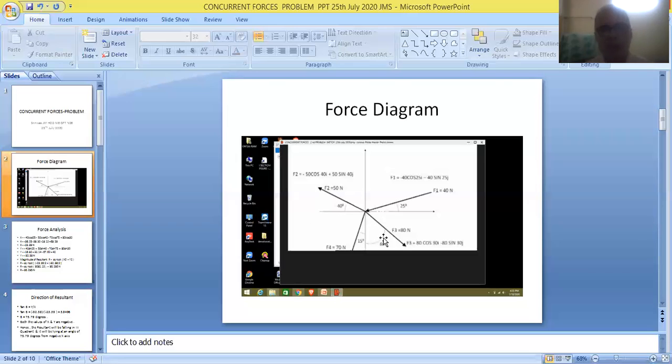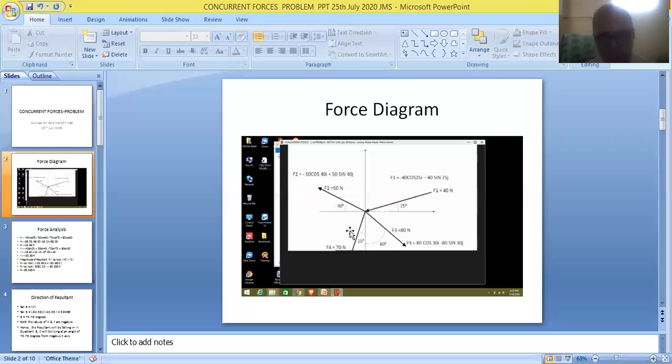Similarly, coming to this force, horizontal component will be equivalent to 80 cos 30. Vertical component will be equivalent to 80 sin 30. Friends, lastly, as far as this force F4 is concerned, horizontal component will be equivalent to 70 cos 75. The vertical component will be equivalent to 70 sin 75.